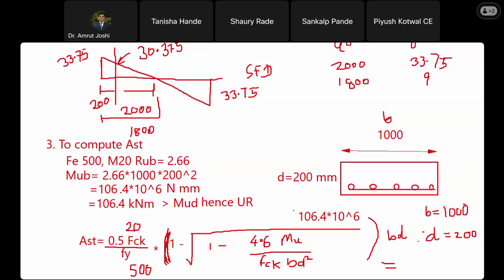So AST is 0.5 into 20 upon 500, into bracket 1 minus square root of 1 minus 4.6 into 106.4 into 10 power 6, divided by 20, divided by 1000, divided by D square, that is 200 square. Outside the square root, B into D, 1000 into 200.